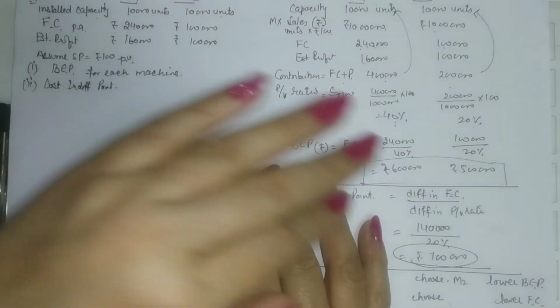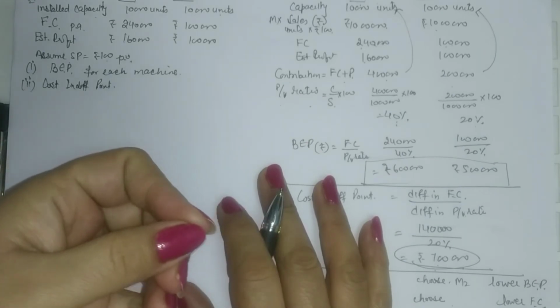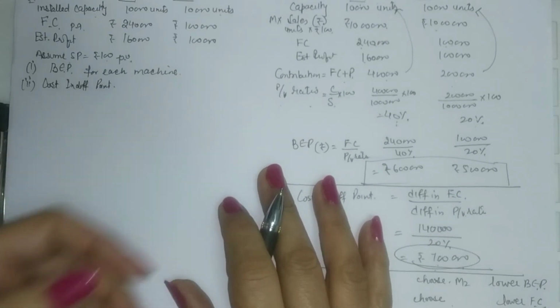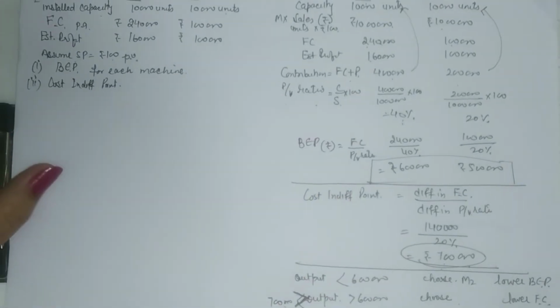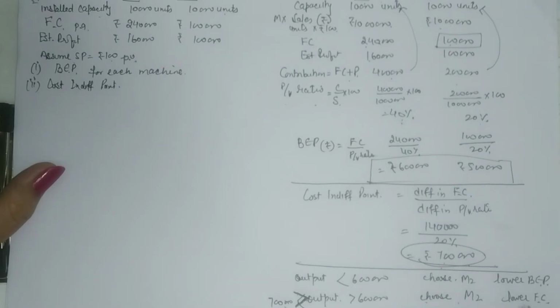So if you have an activity level below this, you should choose the method with lower cost, so that every contribution that you earn will give you more profit because lower cost is involved. So now method 2 will be chosen.